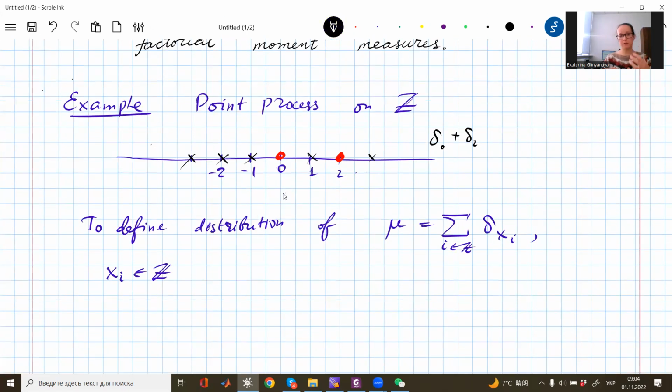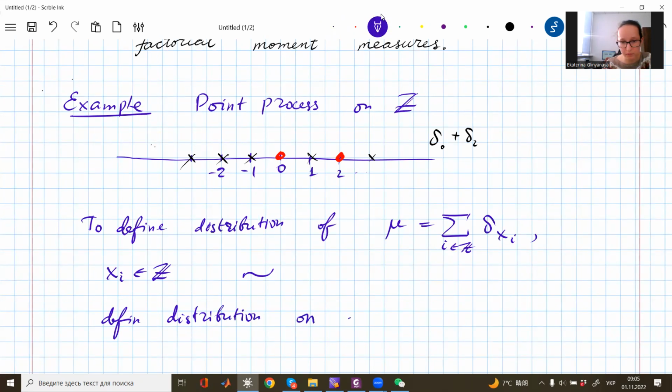So how can we define the distribution of such a measure? Actually, we need to define the distribution on sequences of 0 and 1.